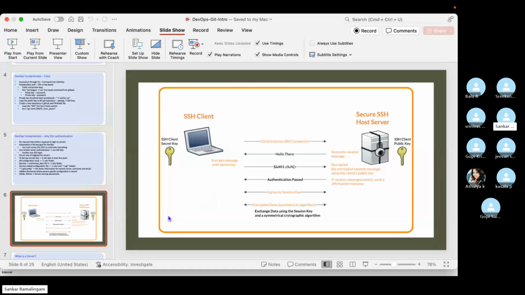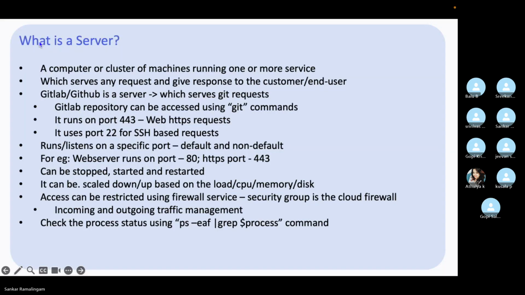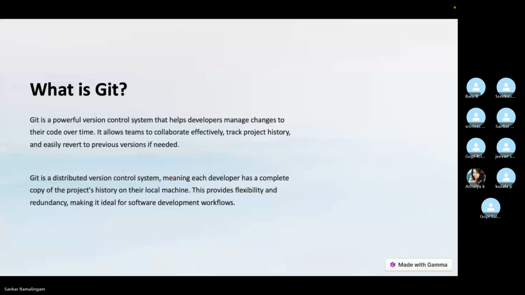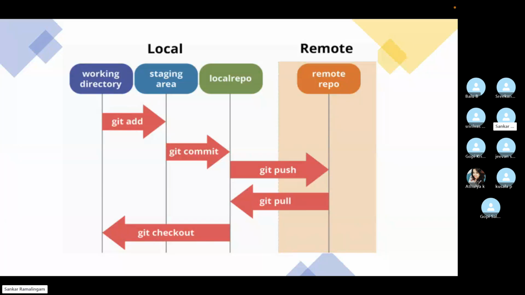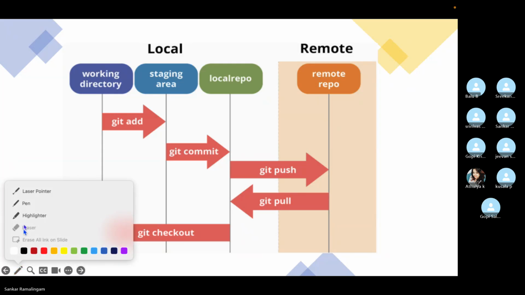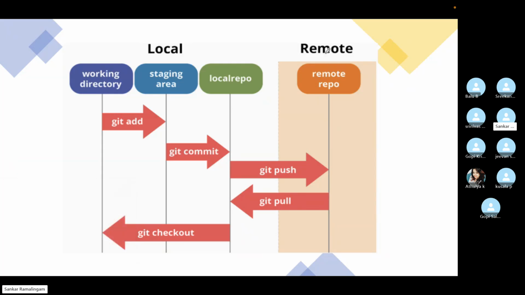One other thing that I wanted to show you before that is this slide. So I'll go once again. This is a representation of whatever I had drawn in the note. You have a remote repository, which is nothing but your GitLab repository. You can create it either from the console or from the command line.